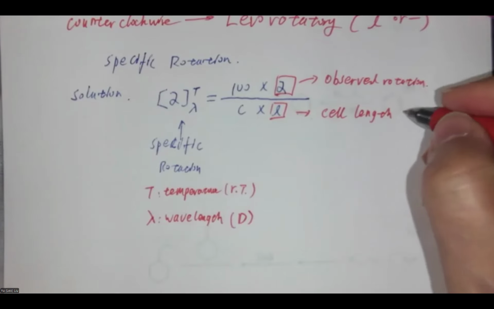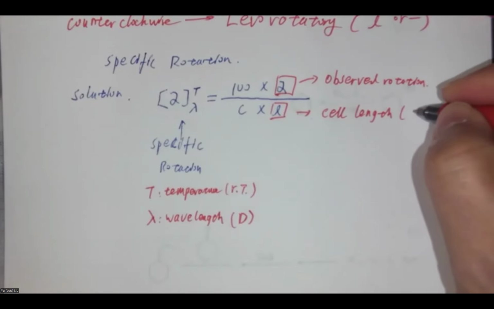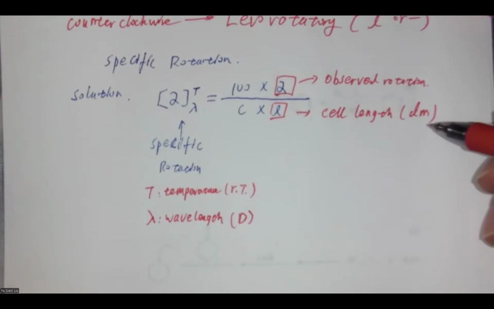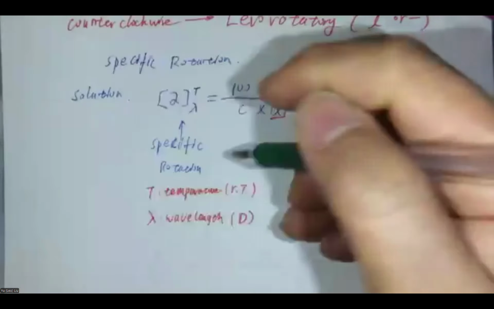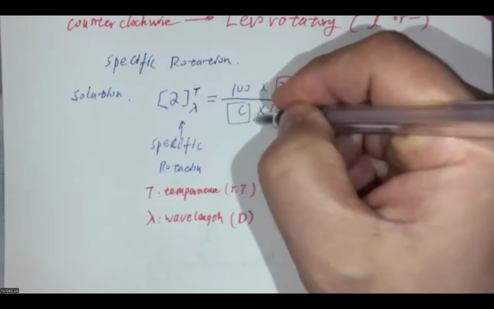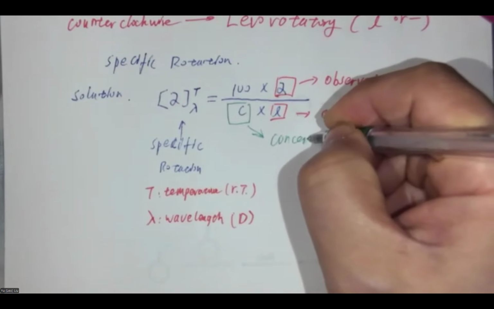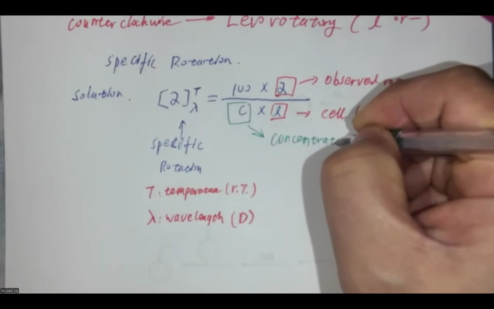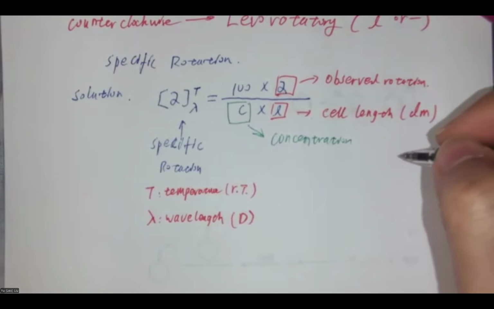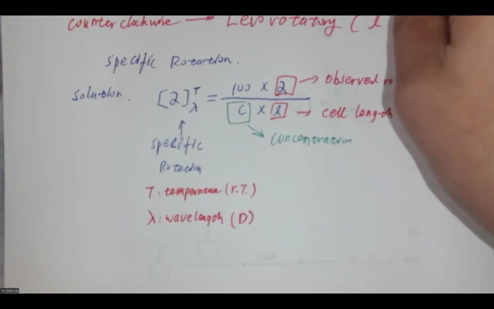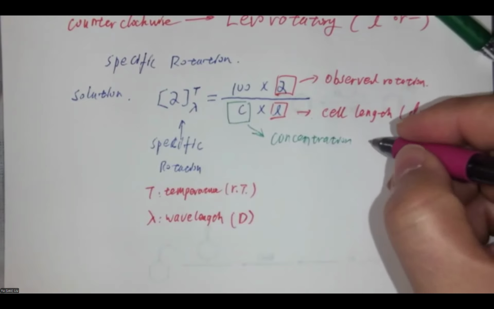The most important thing is the units: decimeter, so 10 centimeters. Right, the most important part actually is the concentration. The unit of concentration here is very special: it's grams per 100 mL.